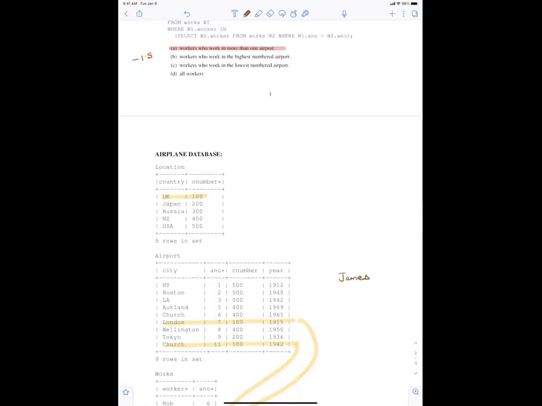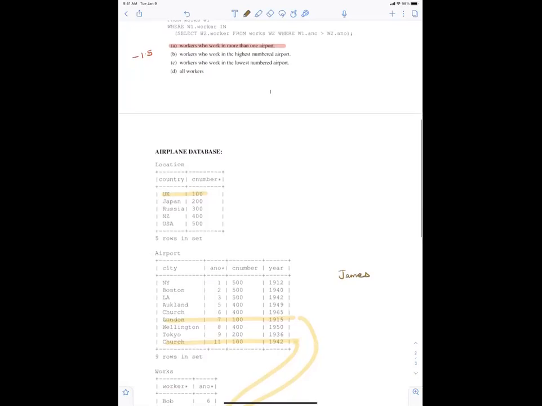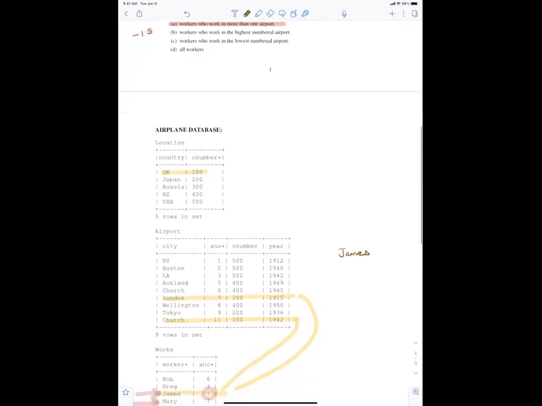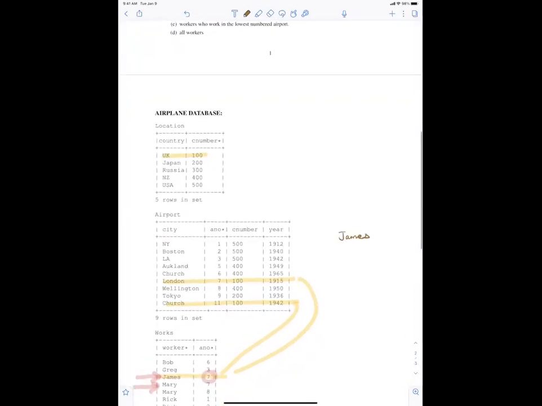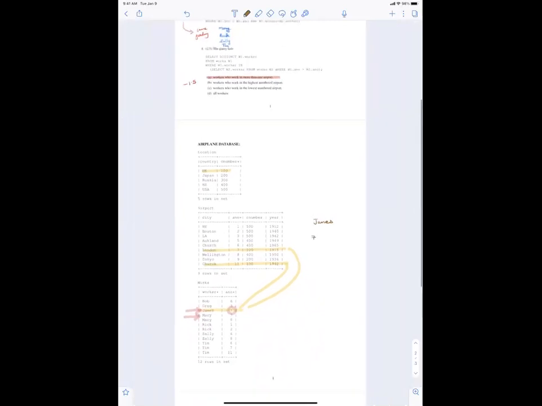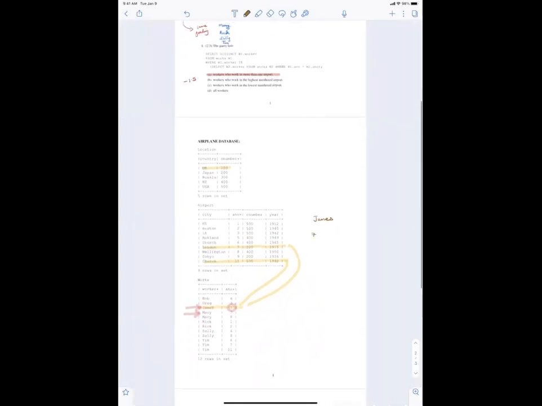Where w1.worker in, so now you take w2.worker where w1.a number, so w1.a number is 7. That's better.